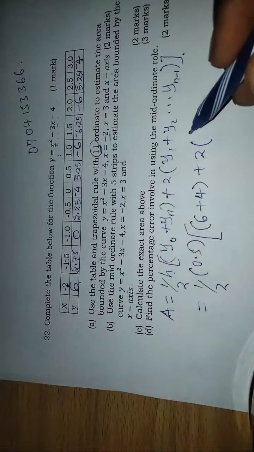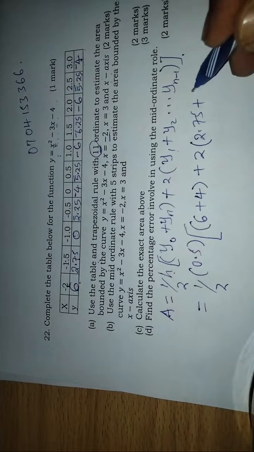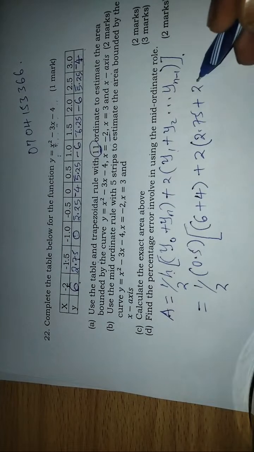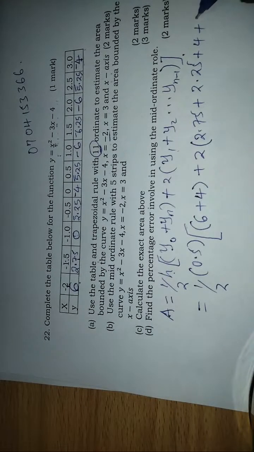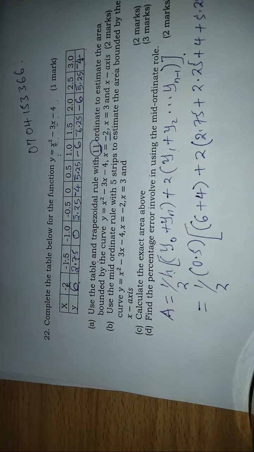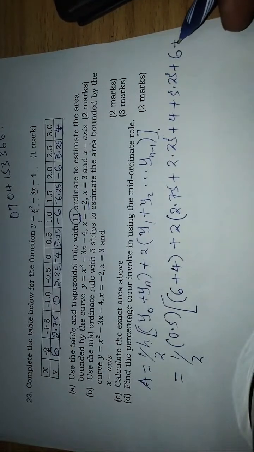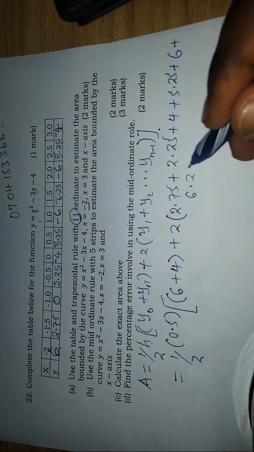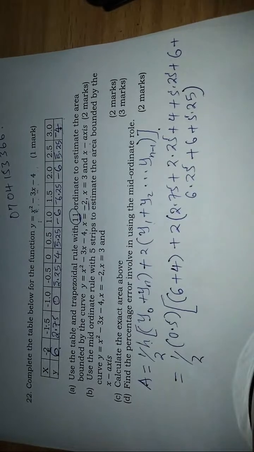Then now we add all the others, which is 2.75 plus 0 plus 2.25 plus 4 plus 5.25 plus, after 5.25 we have 6, plus 6.25 plus 6 plus 5.25 just before the last one.